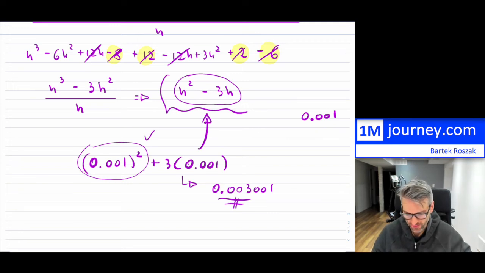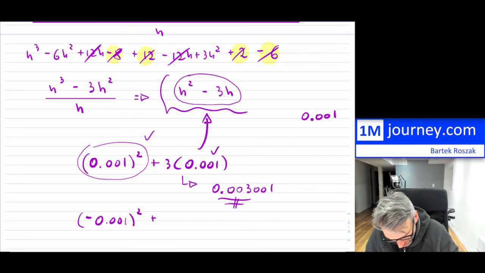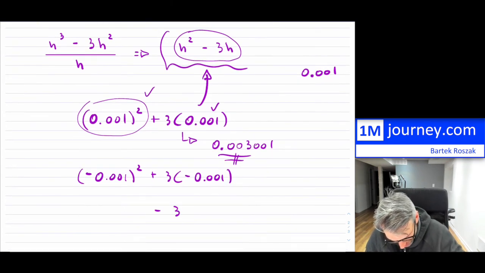Then on the negative side, we want h from both sides, positive and negative, so again squared, plus 3 times negative 0.001. Now this is going to be negative.